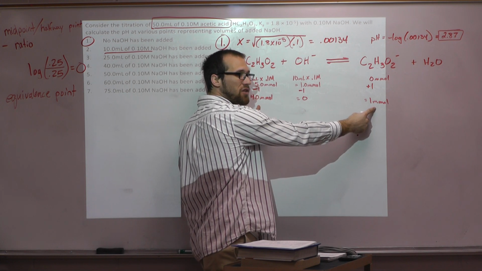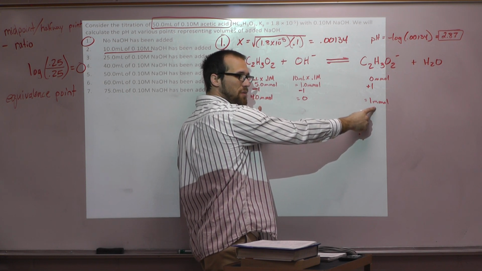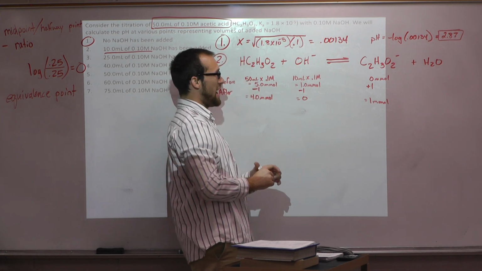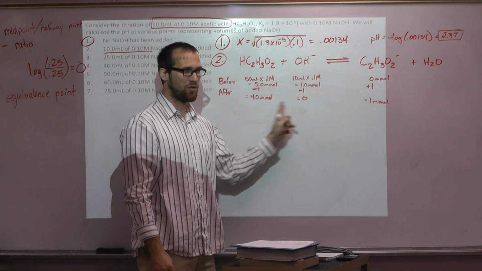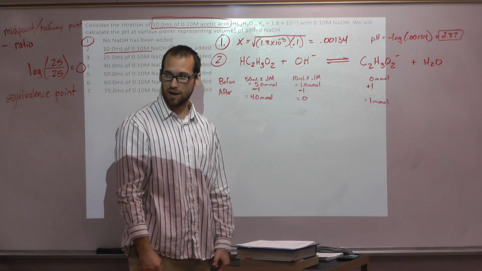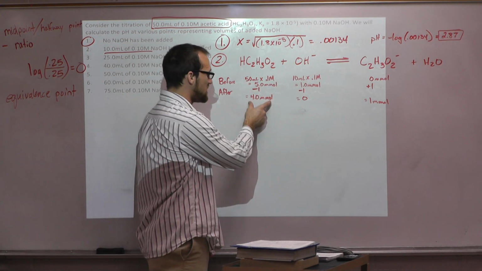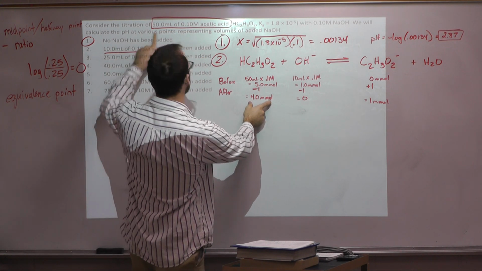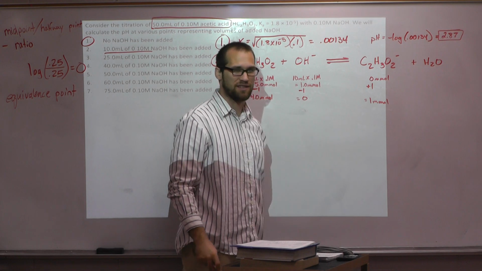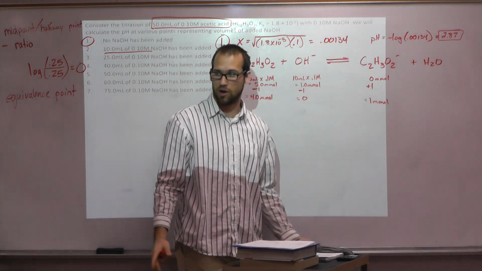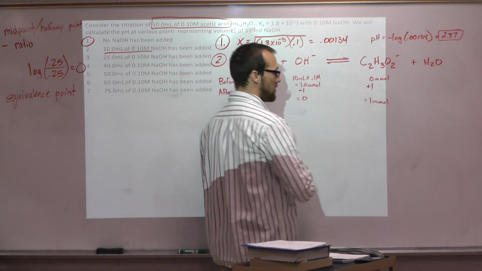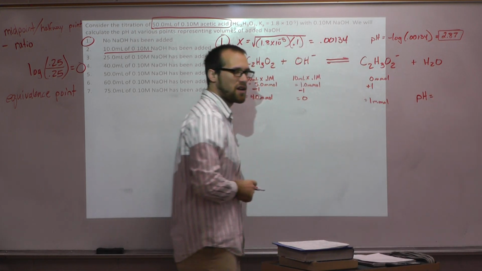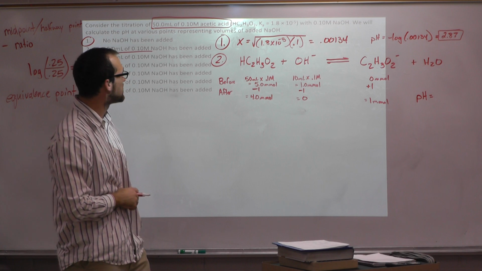Now, we do not have to go back and figure out the molarity because it's in the same volume. So if I divide by the volume to both, it's just going to give you the exact same ratio, correct? Like if I take this and divide it by 60 milliliters and I take this and divide it by 60 milliliters, is that going to change your ratio at all? No.